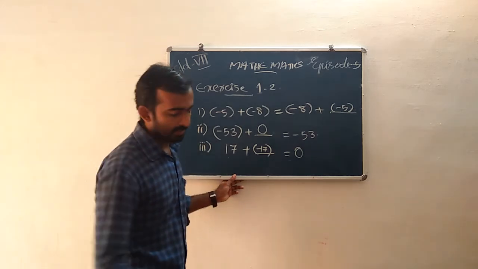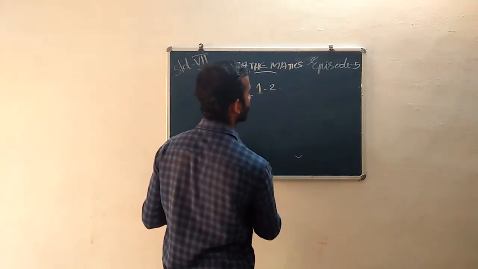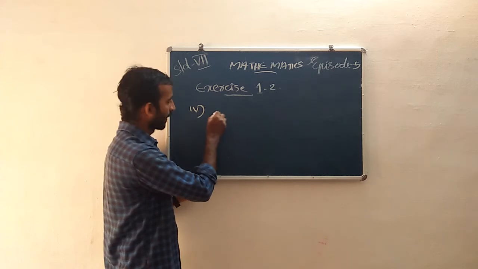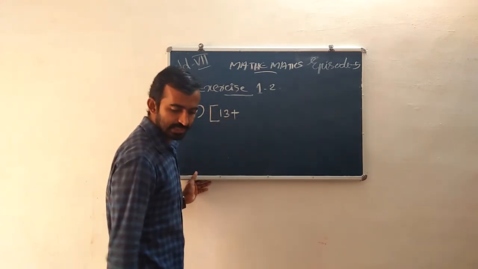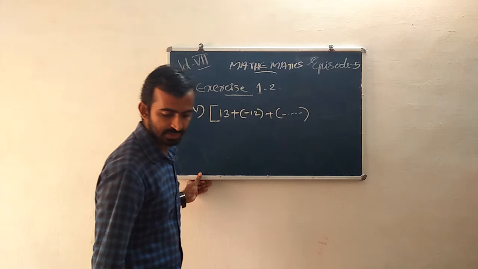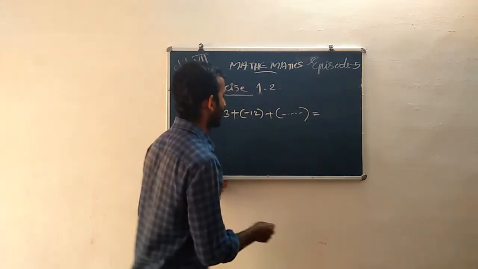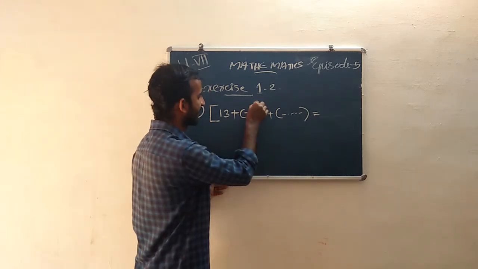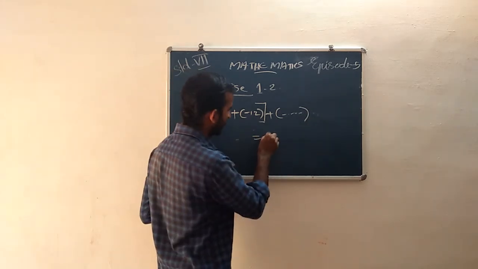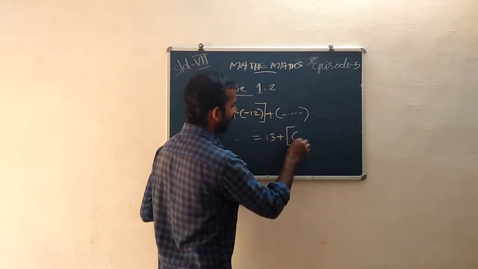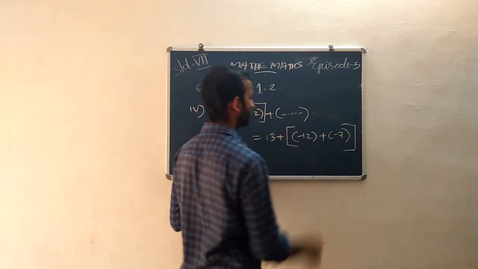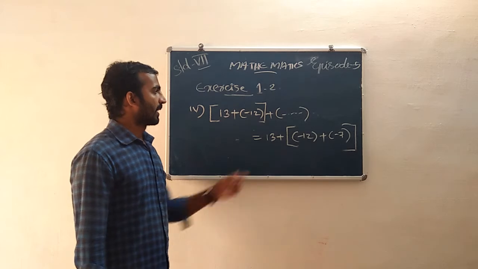Okay. The next statement, the fourth one, is 13 plus the bracket of negative 12 plus dash, bracket closing, equals 13 plus negative 12, bracket, plus negative 7.